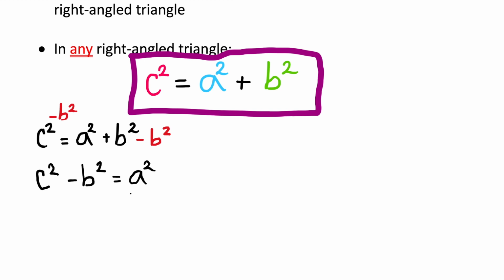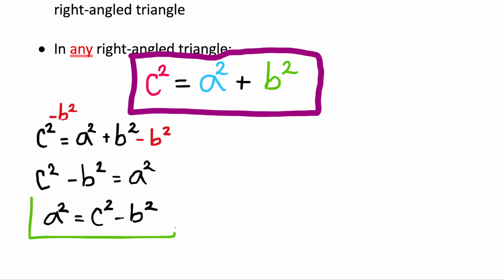I just want to rearrange this. I'm just going to write it as a squared equals c squared minus b squared, only because it looks nicer and is more clear. So this is also very useful if we have to find the shorter side a. I'm going to remember that the longest side is always c, which is our hypotenuse.